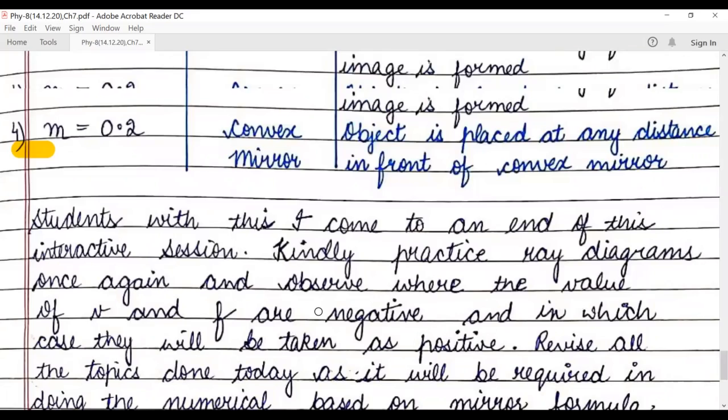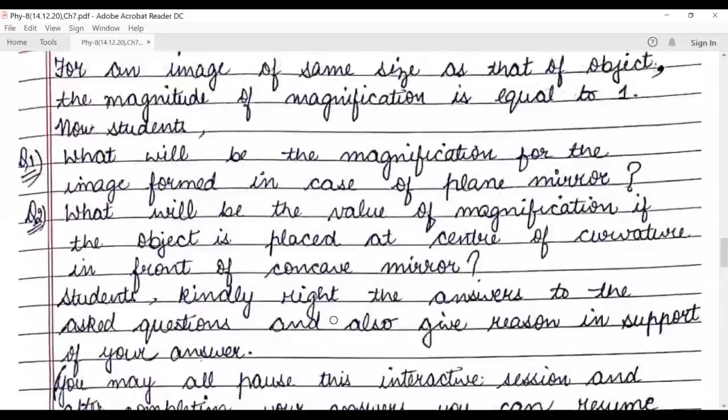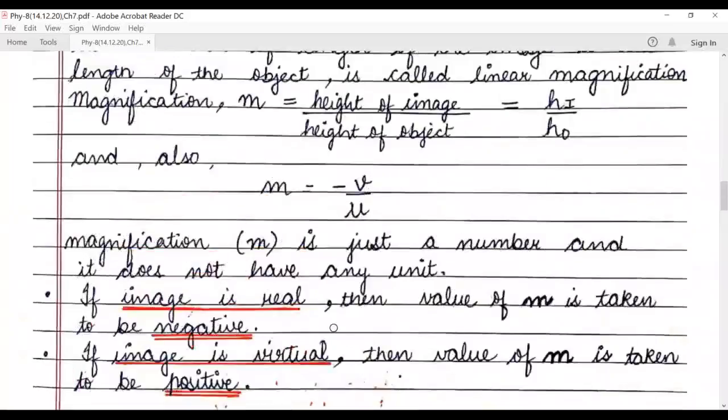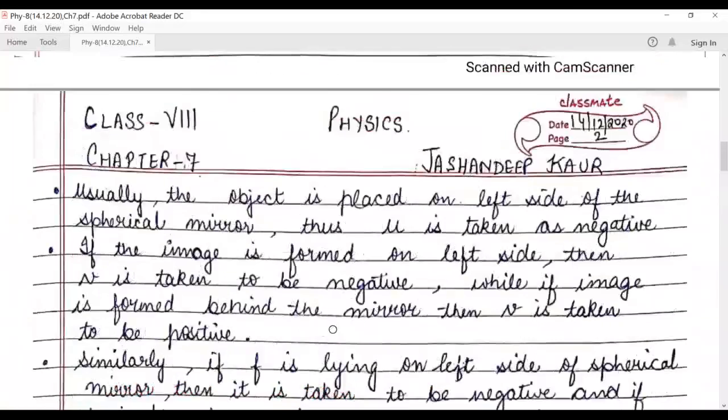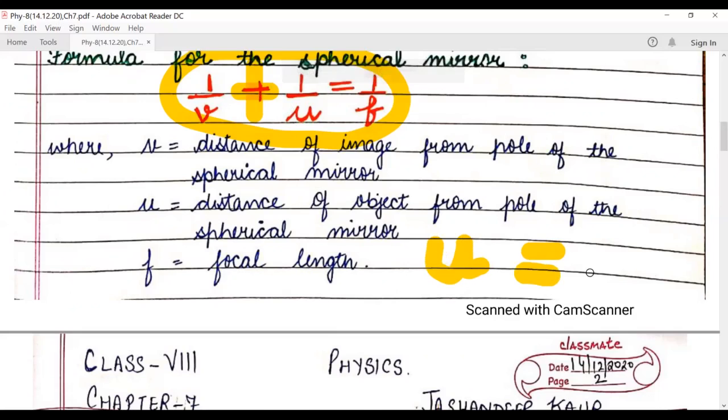1 by V minus 1 by U is equal to 1 by F. So students, the formula for spherical mirror is 1 by V plus 1 by U. Plus, it will become minus when you put U as a negative number. We will always be taking U as a negative number.